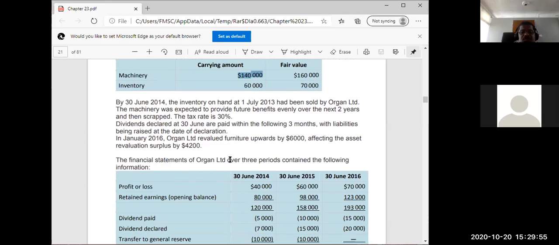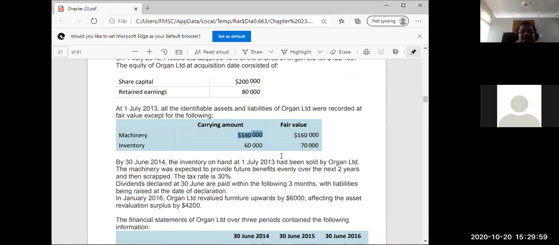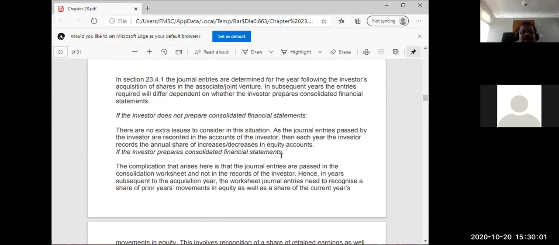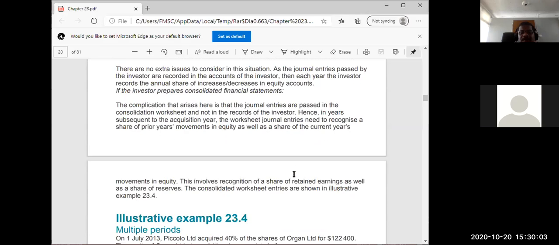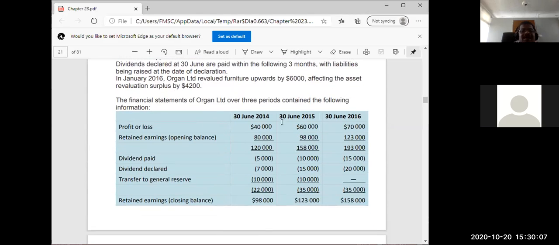Now, financial statements are normally for a 3-year period, and this is the idea. That's why here it says multiple years. Multiple years means we did not acquire this business on 30th June 2014.